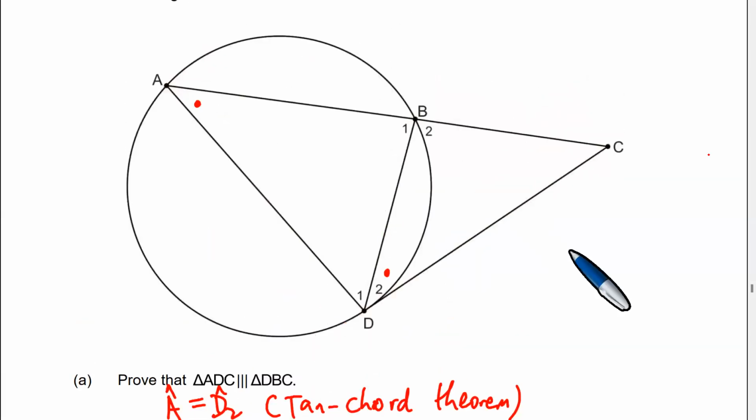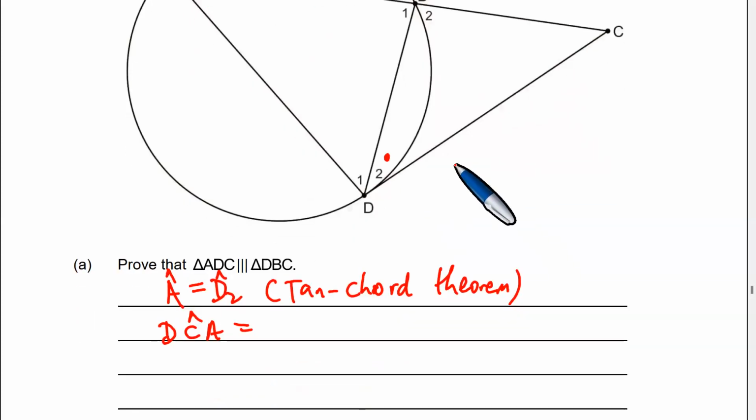So we're dealing with the angle DCA is equal to the angle DCB. Why are these the case?